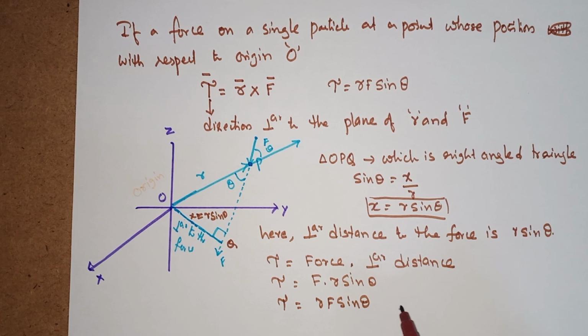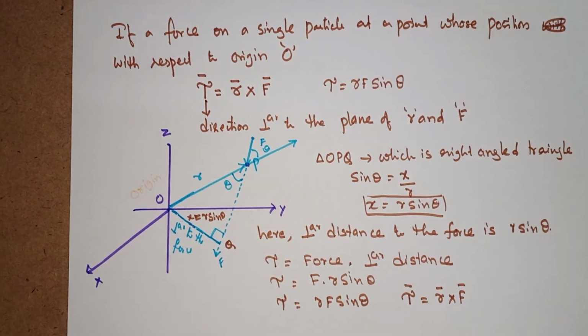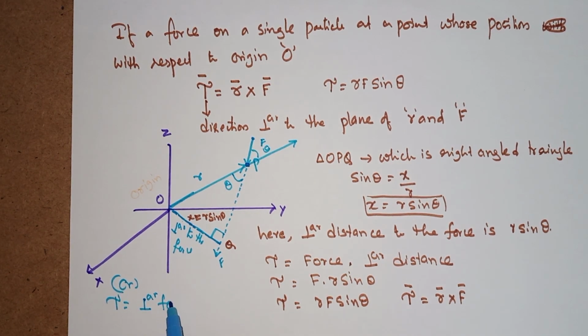We will write it in the cross product form. Tau is equal to r cross f. We will write vector notations. Or we will write torque is equal to perpendicular force into distance.